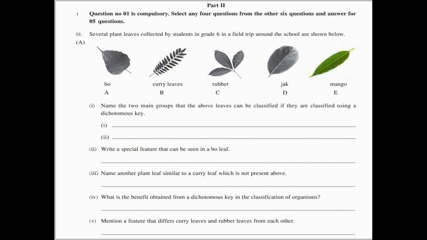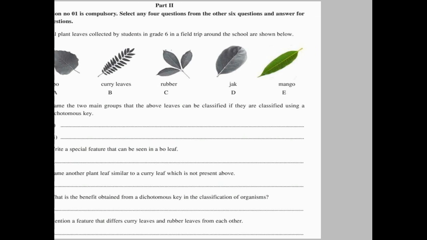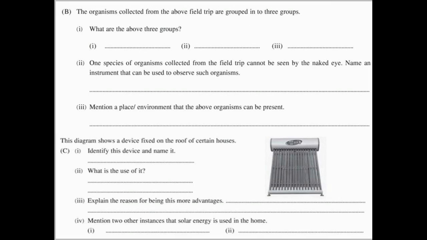Okay. Then next one. B. The organisms collected from the above field trip are grouped into three groups. What are the above three groups?